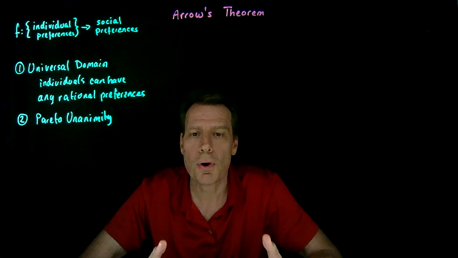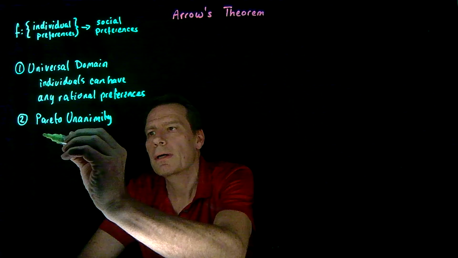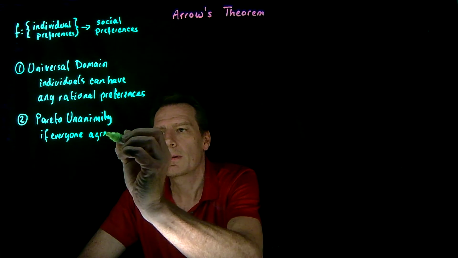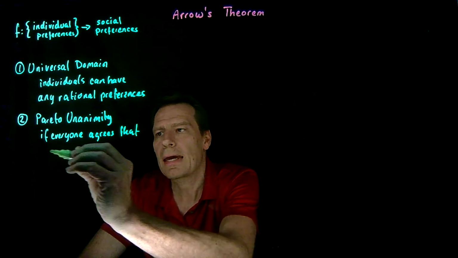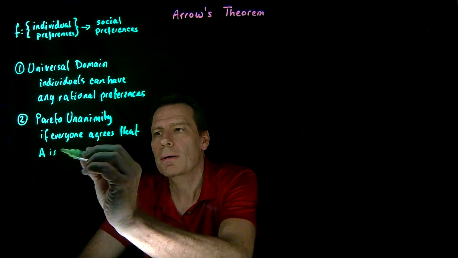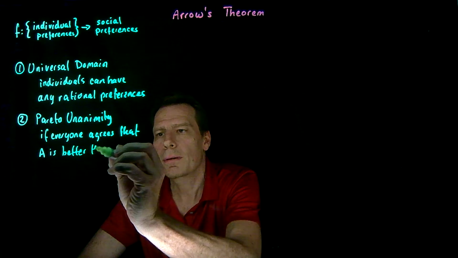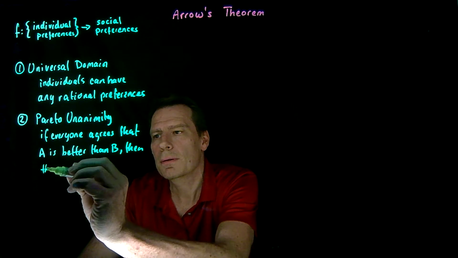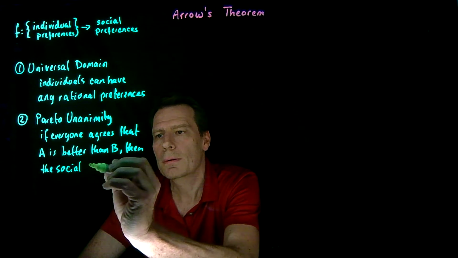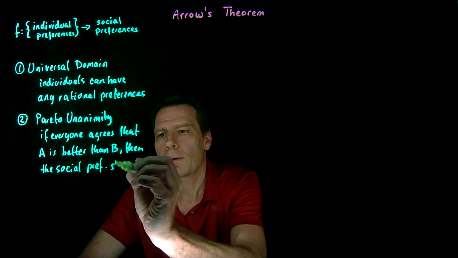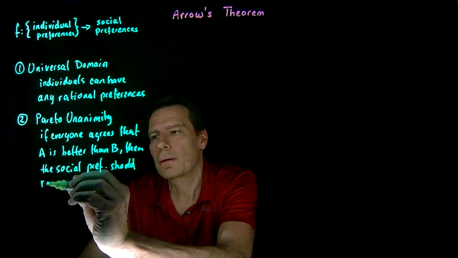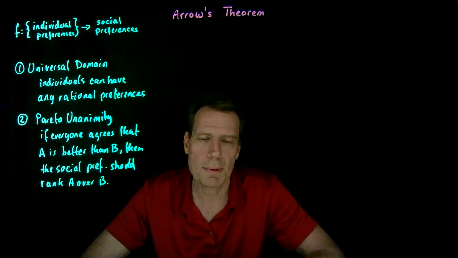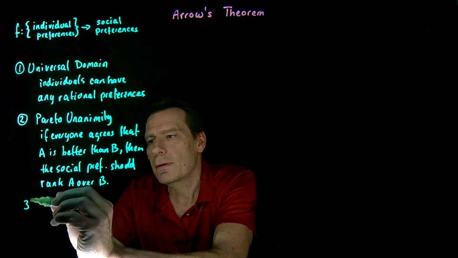The social preferences should also choose A over B. So, if everyone agrees that the social state A is better than B, then the social preferences should rank A over B. Unanimity should be respected.